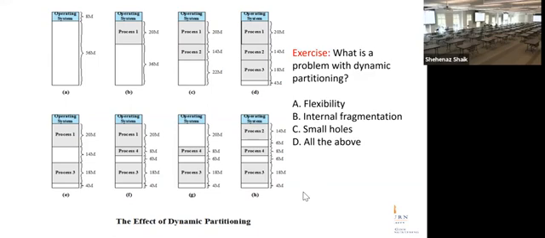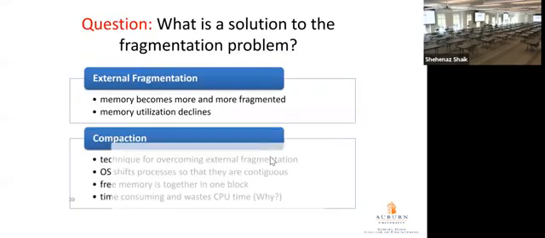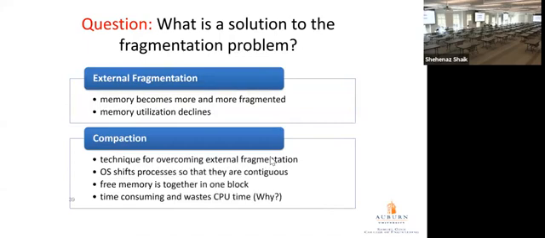So this approach of moving the processes together to one side, or moving the holes to the other side of the memory, is referred to as compaction. That is one solution to solve the external fragmentation problem.